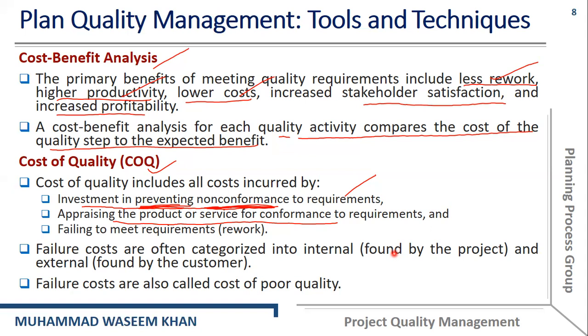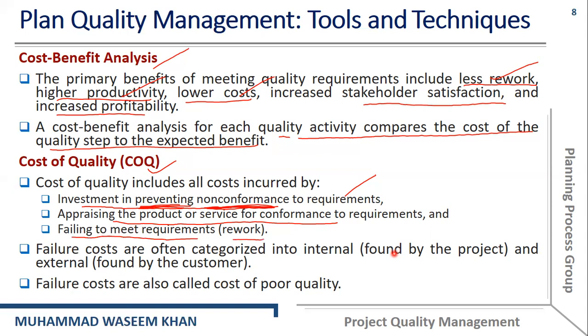Another one is the external failure cost. For example, when you produce a product and deliver it to the customers, and the customer identifies the errors or the problems in that particular product, then that is called external failure cost.